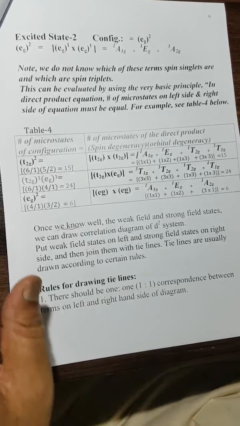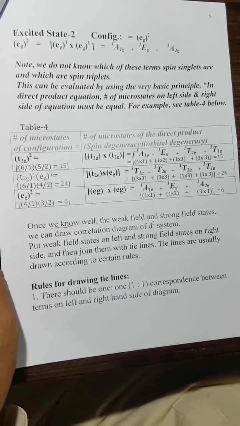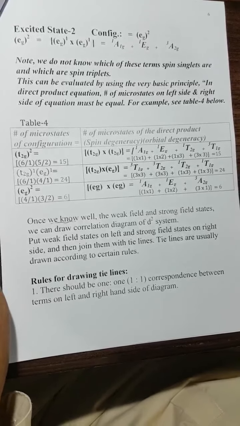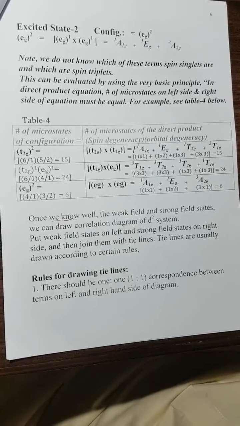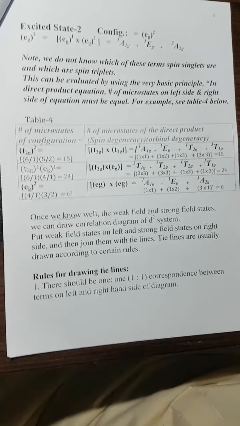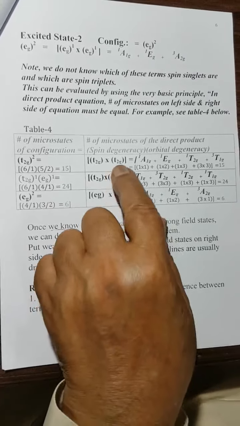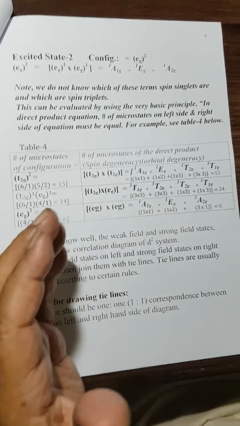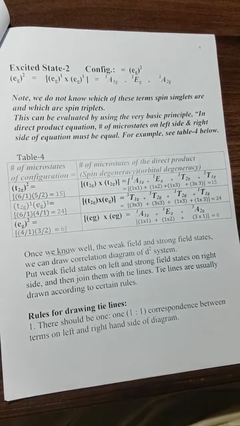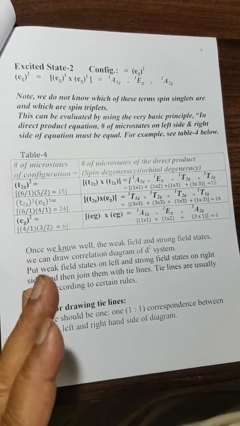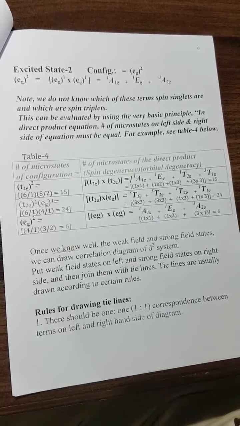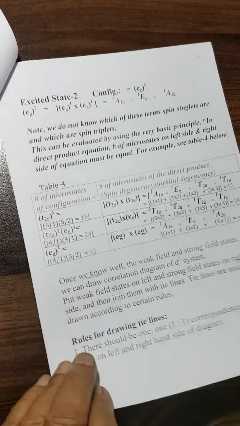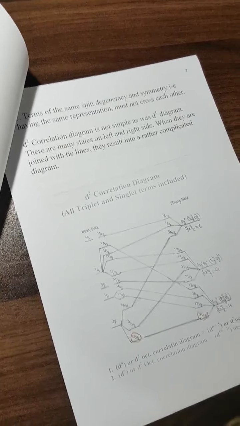Now we know the states from the weak field; see one or two pages back. These are the states which come from the strong field. What you do is put the weak field on the left side and the strong field on the right side, and then you will be able to generate a diagram like this.